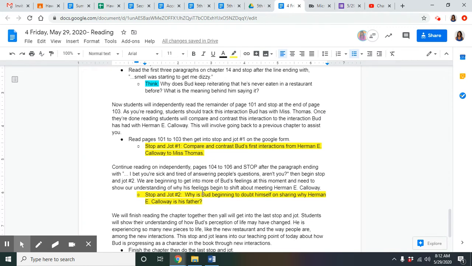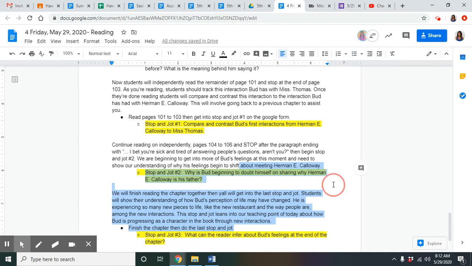As you are reading, we're going to begin to get into Bud's feelings at this moment and need to show our understanding of why his feelings begin to shift about meeting Hermione Calloway. So this comes with the setting that they're now in. It's building on how he first originally met Herman E. Calloway, how he was very eager to meet him.